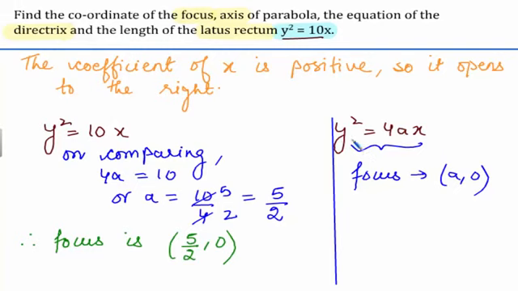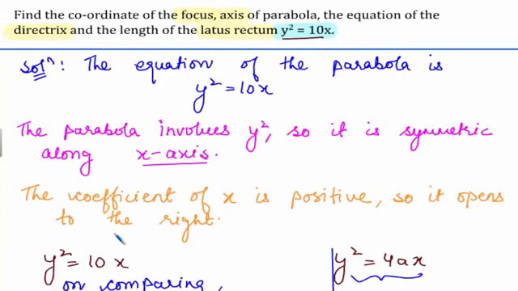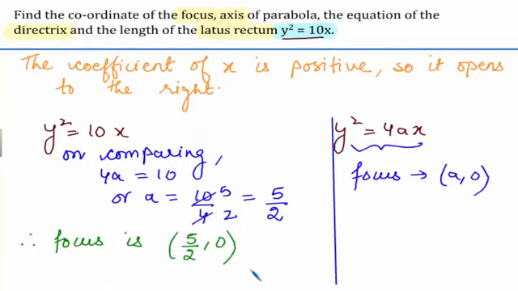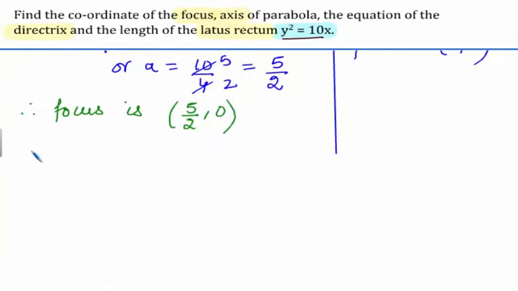Therefore, this parabola is symmetric to the x-axis and opens to the right. Therefore, in this case, the axis of the parabola is y is equal to 0.